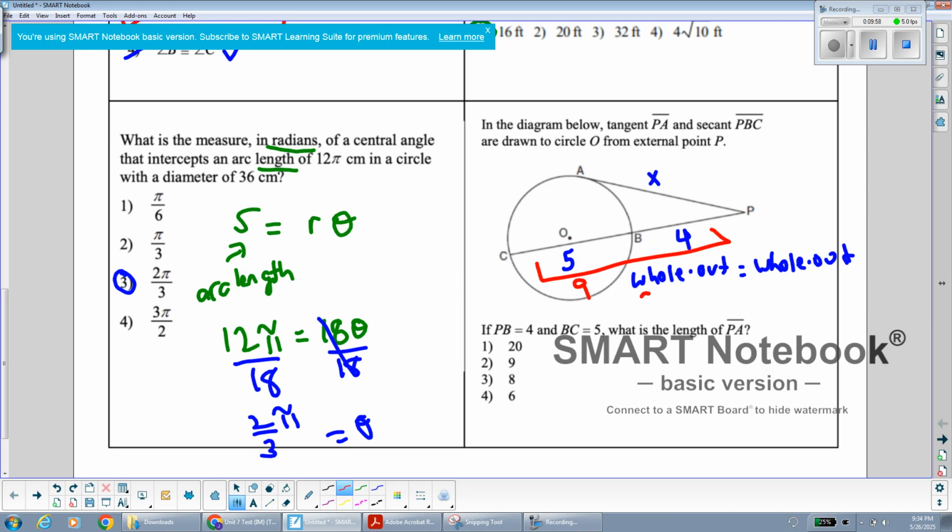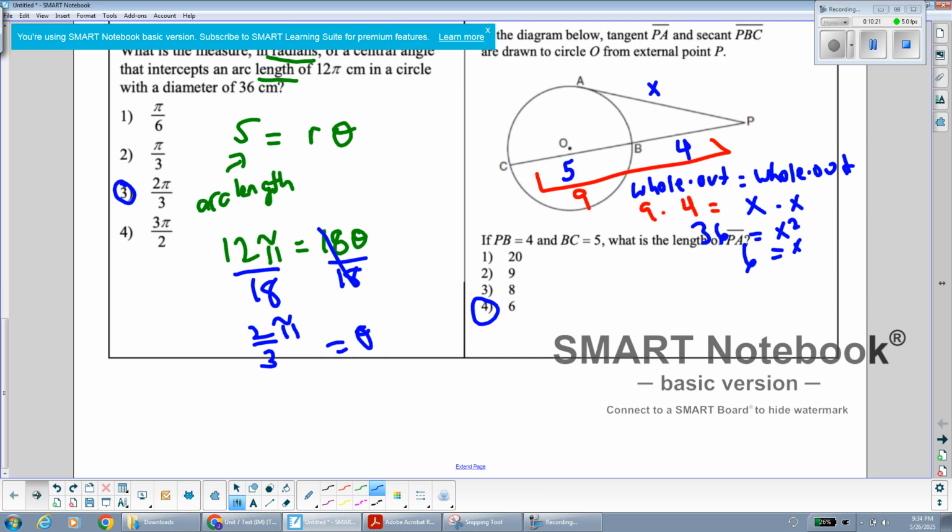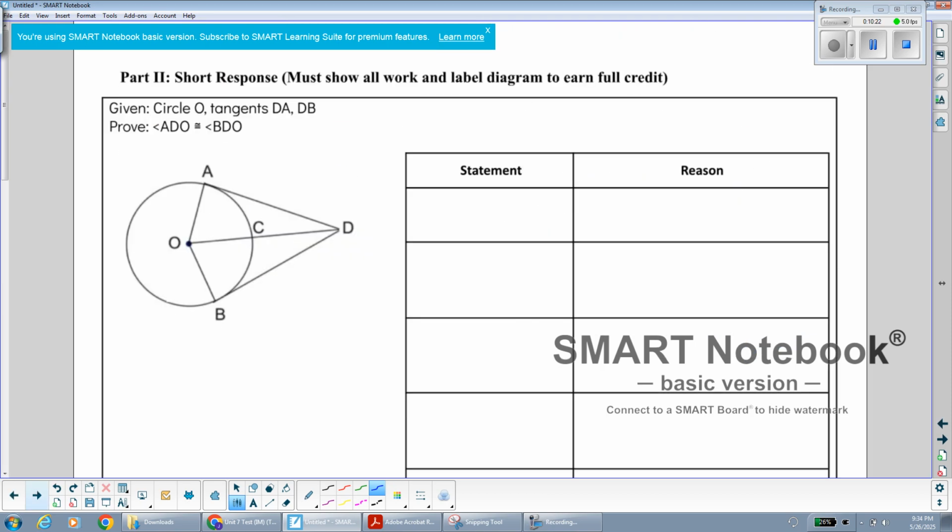The whole is 9, the outside part is 4. And then on the tangent, the whole is x, and then the outside part is x. The whole and the outside part are completely the same. And we get x is equal to 6. It does say the length of PA, which is represented as x, so that is simply just 6. Just double check the question to make sure you don't have to plug in.